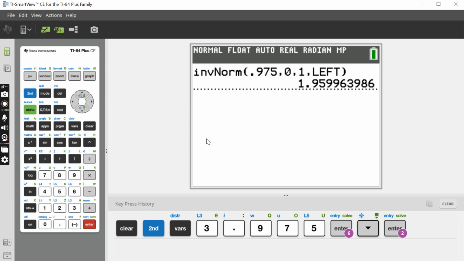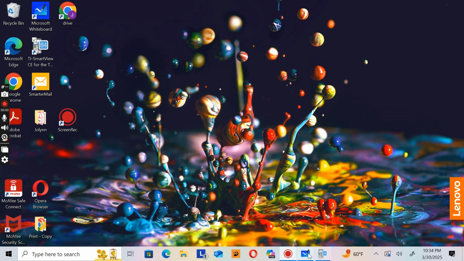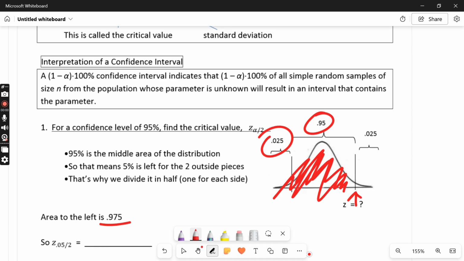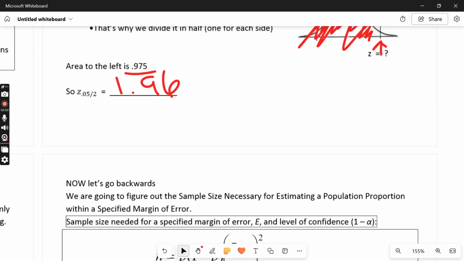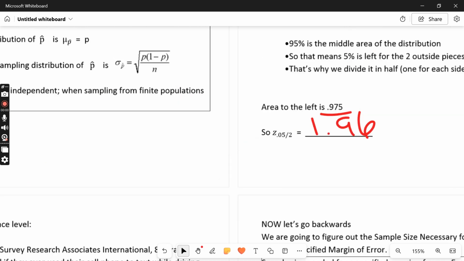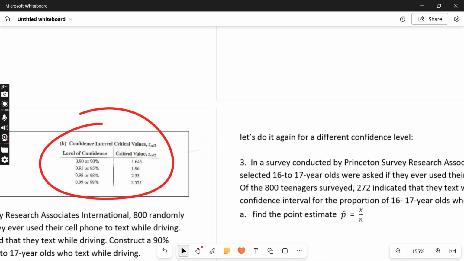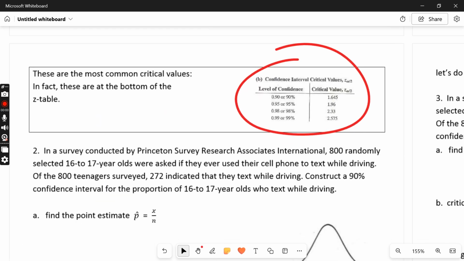So rounding to 2 decimals, I get 1.96. So 1.96 is my critical value. Okay, these don't go down, they go over. Sorry, I keep forgetting.